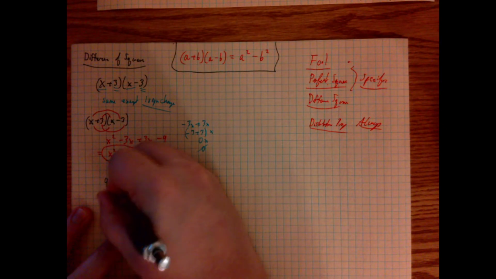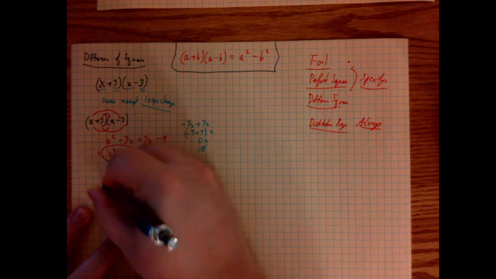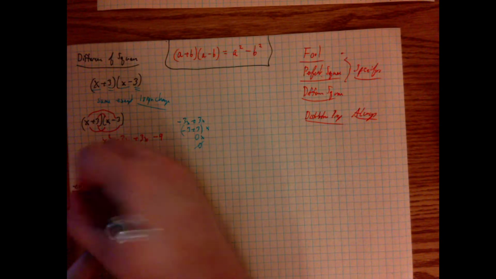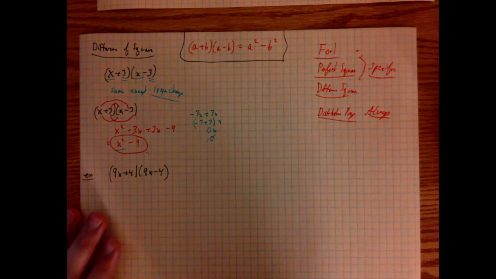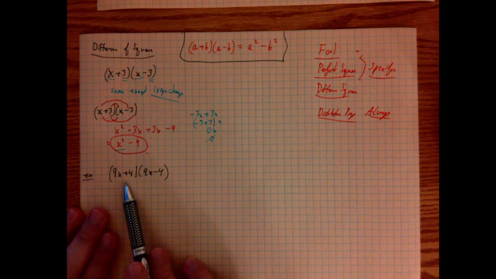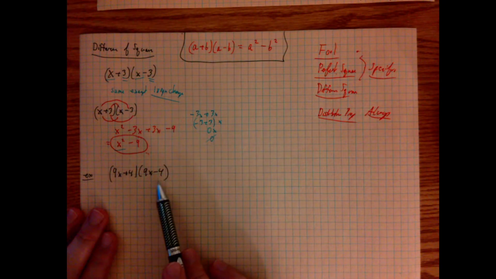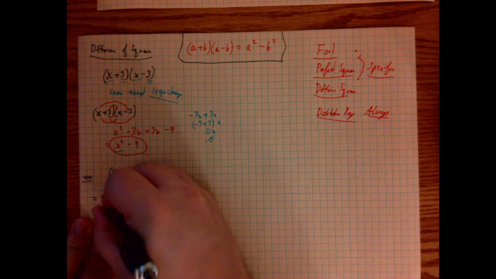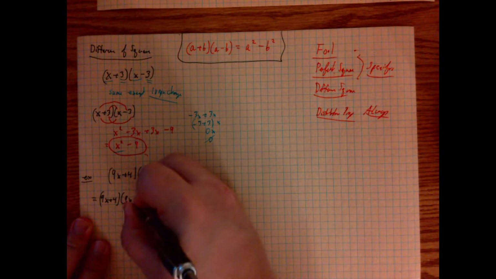We have 9x plus 4 times 9x minus 4. So once again, it matches the specific description. We have two terms being added, and then those same two terms being subtracted. So how do I do this? Well, 9x plus 4 times 9x minus 4.